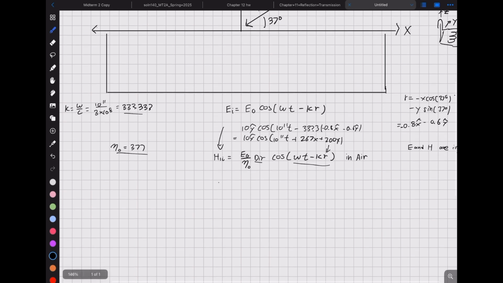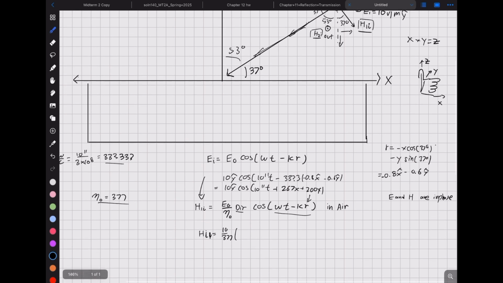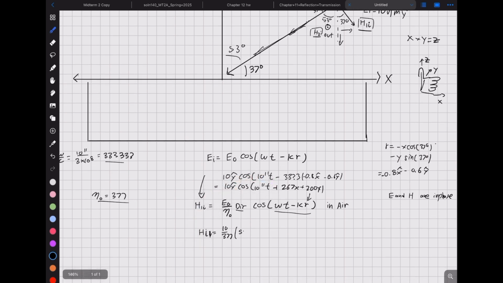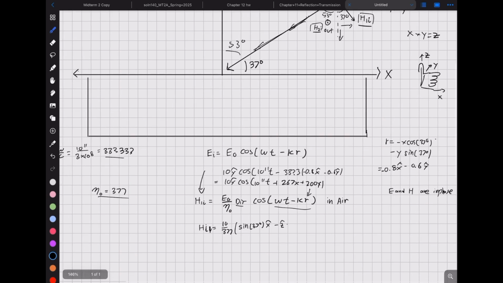So H1 of I is going to have 10 over 377 multiplied by sine of 37 degrees in the x direction, and then negative z hat in the cosine direction, and then the cosine part with the stuff that are in phase.